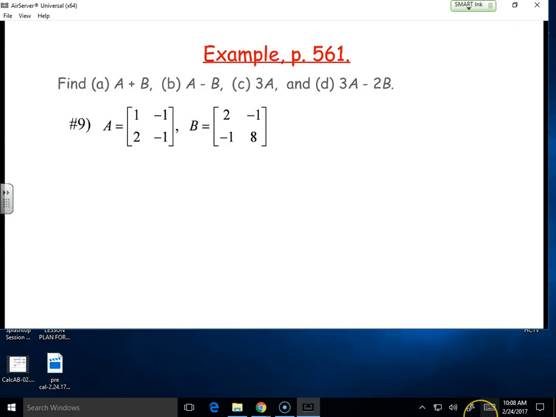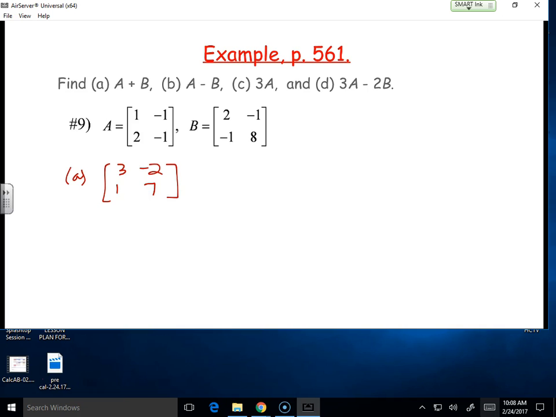What'd you guys get for letter little a, which is A plus B? 3, 7. Okay. So when you read off the matrix, you do the same thing as your calculator.